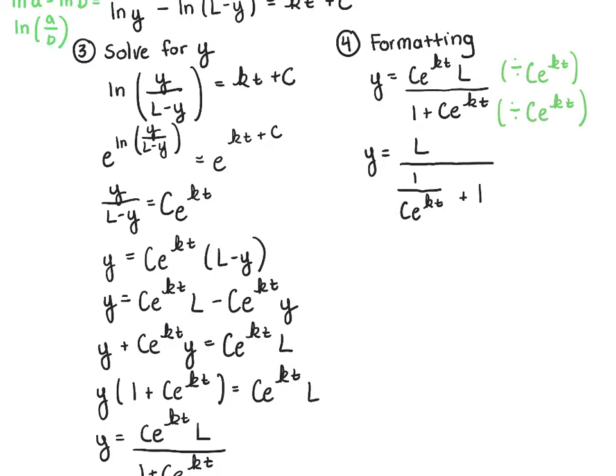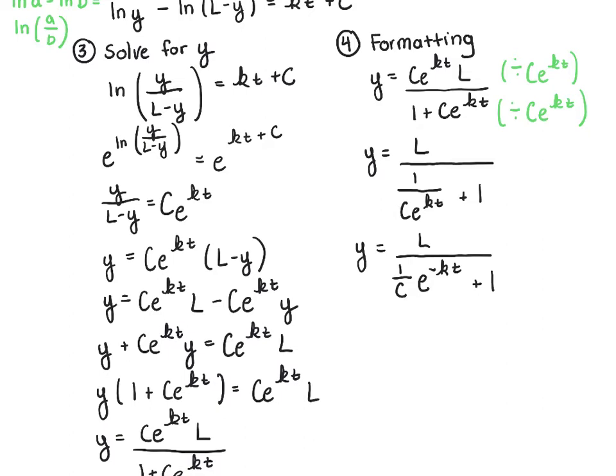But now, here's the thing, we don't really like the whole fractions and fractions type thing. So instead of saying 1 over C e^(kt), I'm just going to make the exponent negative, and then it's going to look a little nicer. Technically, what we would have here now is 1 over C e^(-kt) plus 1.